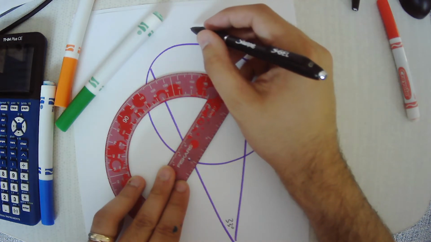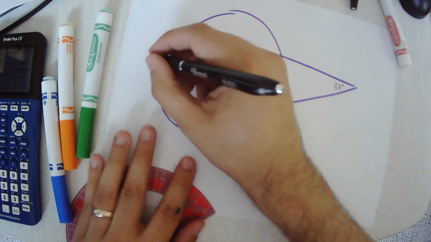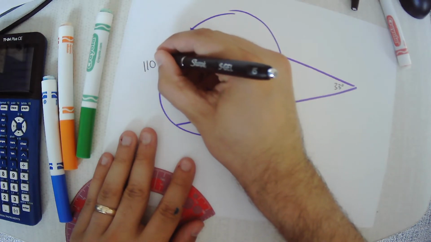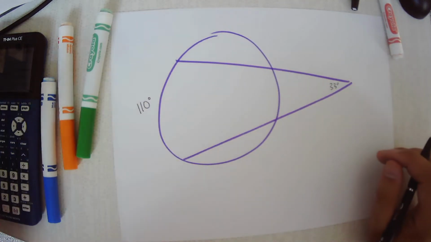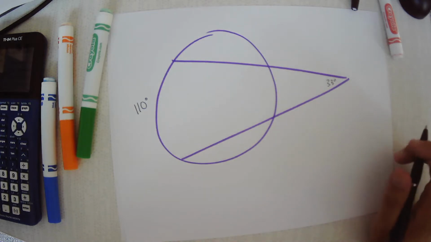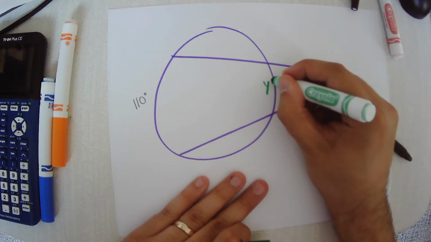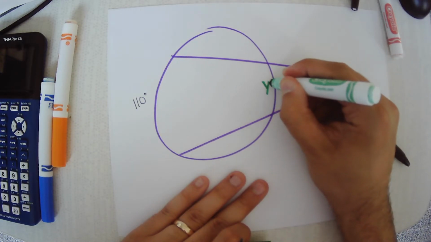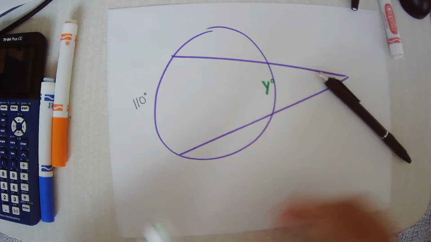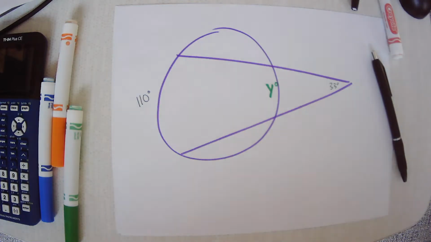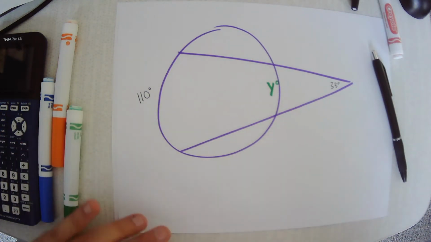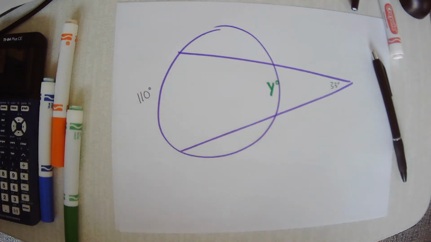Let's say that is 110, I think. I just want to get something that's approximately the right numbers. And we are looking for, we'll call this y degrees. I'll show you why it's y in a moment. And then we'll talk about the legs as well. I want to spend more time on the degrees than the lengths for this one, just because that ends up being more common for us.